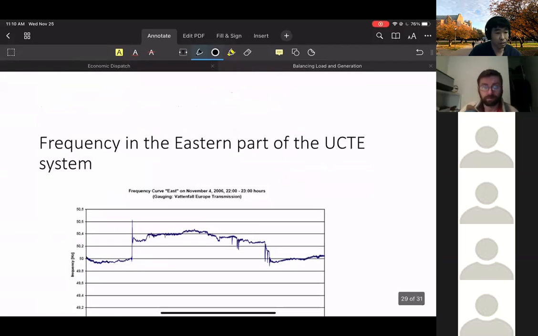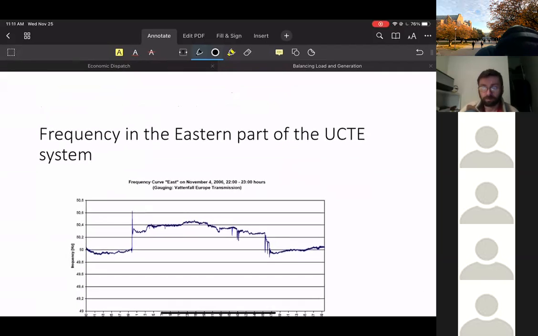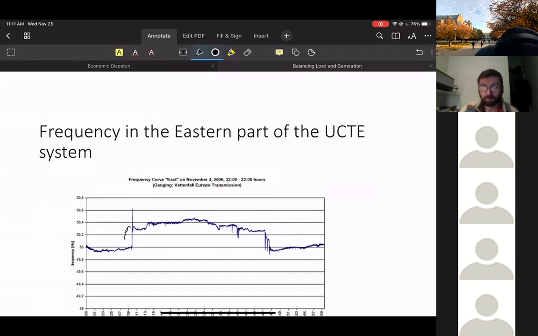If you look at the eastern part of the grid, it had a frequency increase. Frequency suddenly shot up a lot higher than 50 hertz. And then they had to disconnect some generators to bring this down.